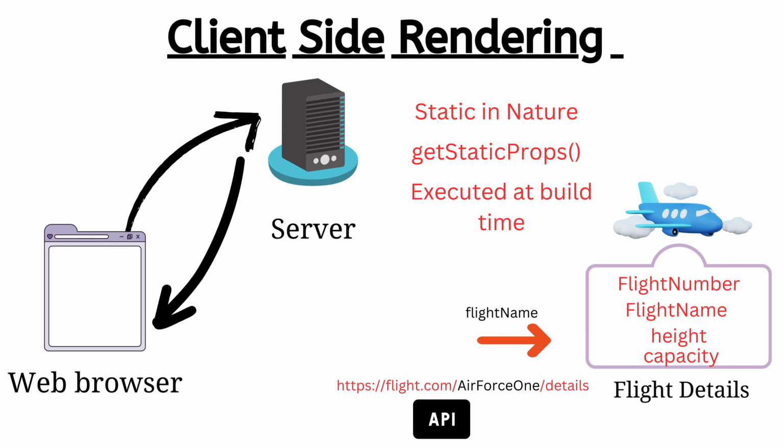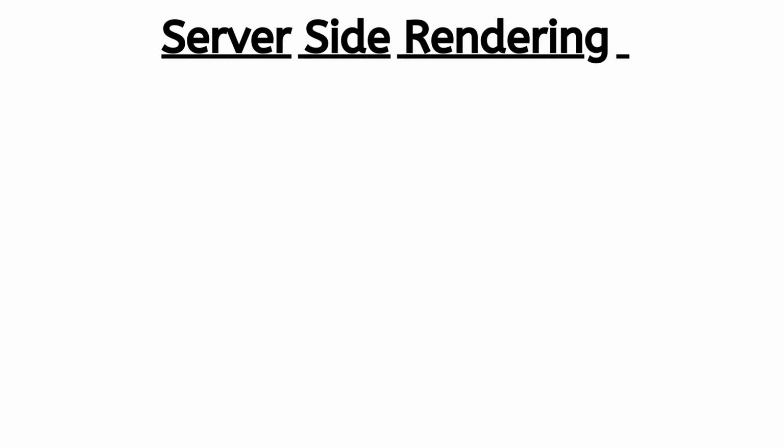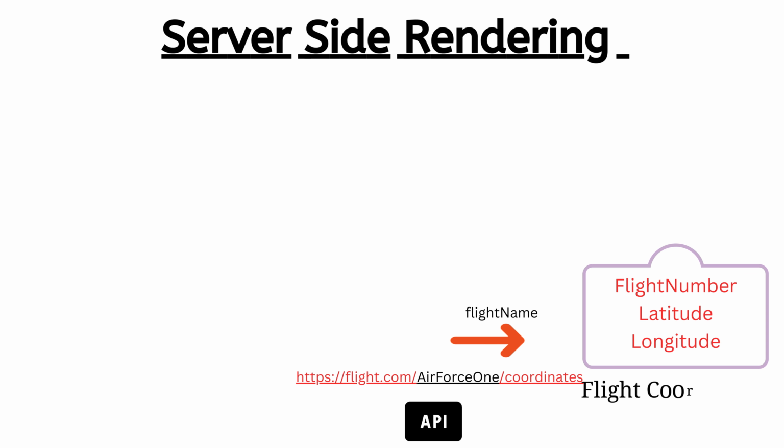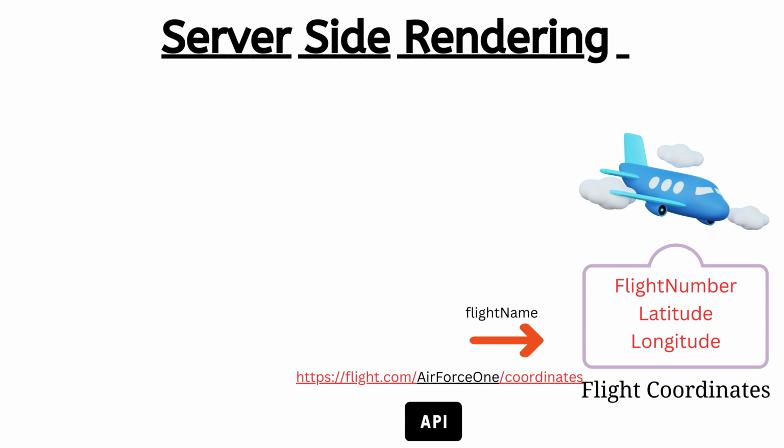Now let's look at server-side rendering. With the same example, if you want to get the current running flight's latitude and longitude, for this type of scenario you have to use server-side rendering.